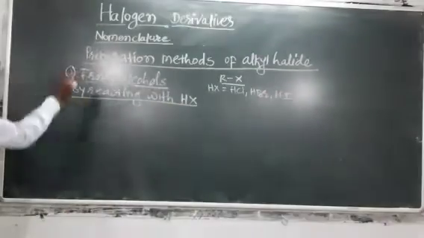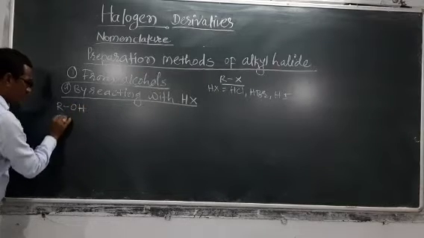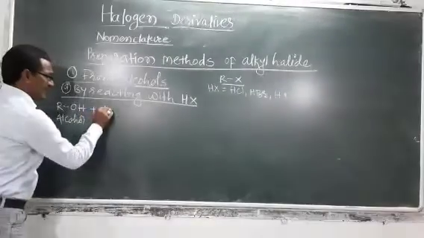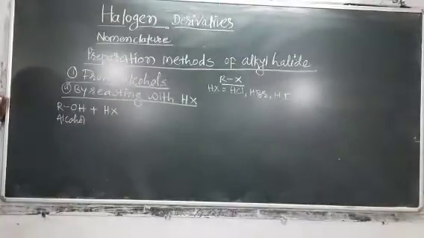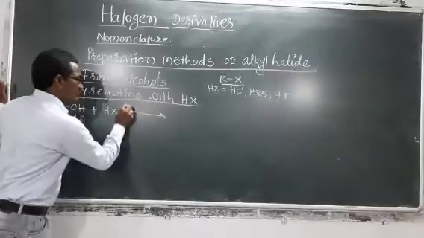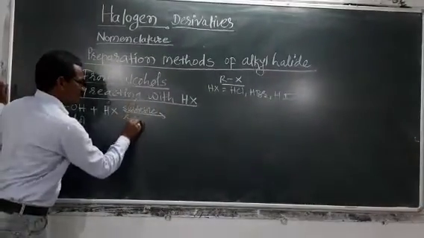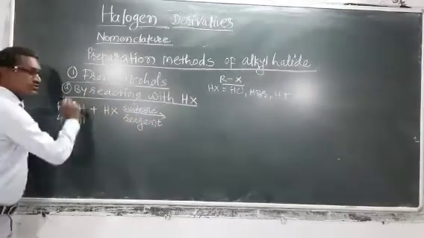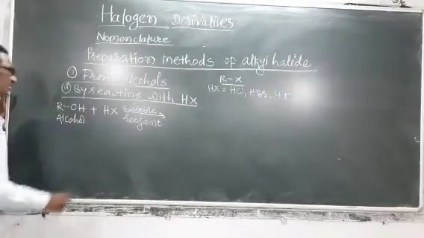What happens here? When alcohol, ROH, is reacted with HX, hydrogen halide, that may be HCl, HBr or HI, in presence of a suitable reagent, we have to use a suitable catalyst for the progress of the reaction.